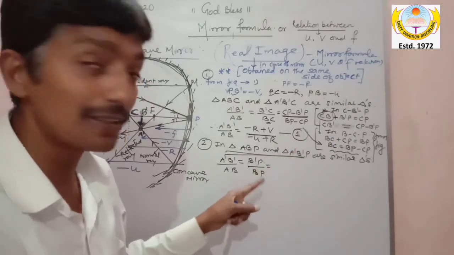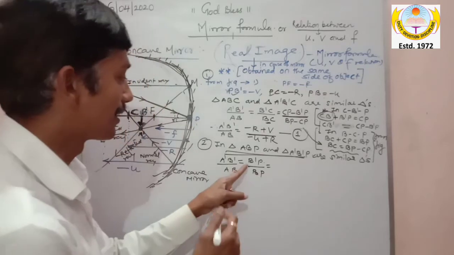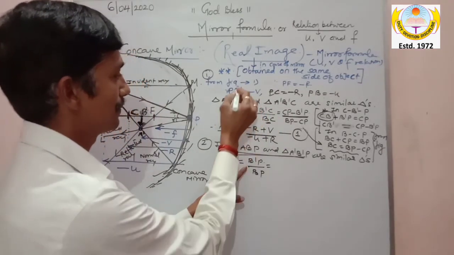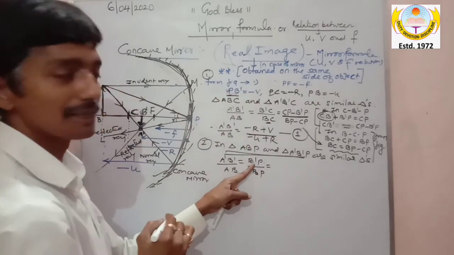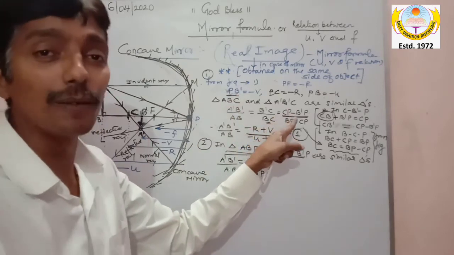Why? Because I have the direct value of B'P. You can see, I have PB'. So I need not break it out.